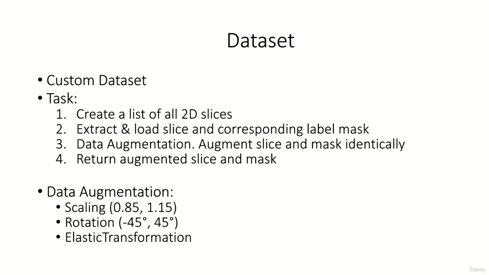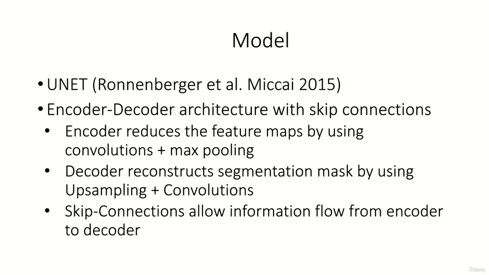Before talking about the training routine, let's discuss the model. We will manually implement one of the most famous segmentation models in this lecture called UNet. The UNet was proposed by Ronneberger et al. at MICCAI 2015. It consists of an encoder-decoder architecture with skip connections. The encoder has the task of reducing the feature maps by using normal convolutions and max pooling layers.